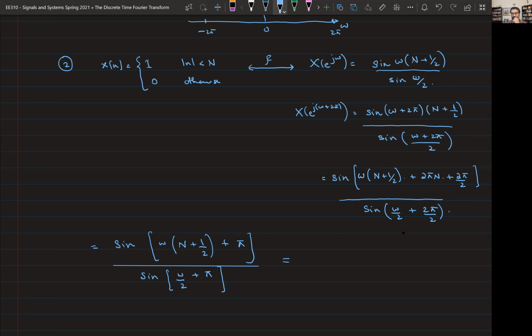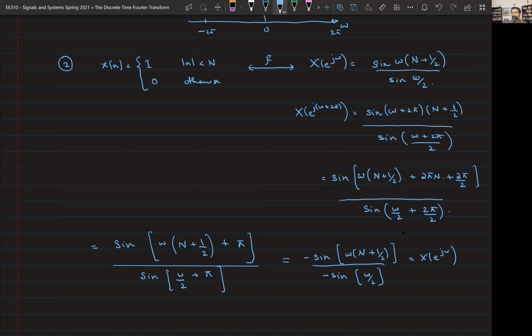Negative. Excellent, Umar. So sine of theta plus pi is actually minus sine of theta. So this is minus sine of omega times n plus half. And I can say a similar thing in the denominator as well. So this is minus sine of omega by 2. And this minus cancels with the minus up above. And of course, then I see that this is indeed equal to X of e raised to j omega.